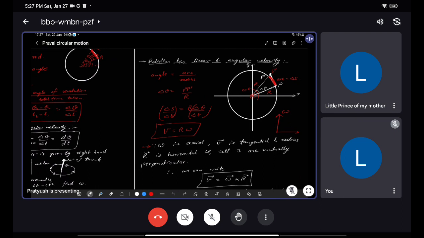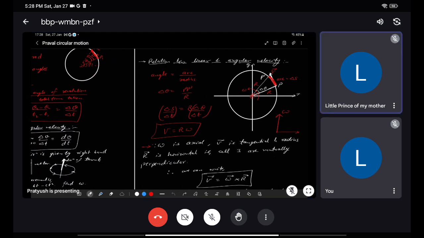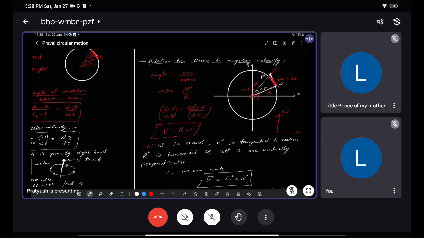And r is radius, so radius we can also take as a vector quantity, which is starting from center and directed towards the periphery. And tangential velocity ultimately is a velocity, so it is also a vector quantity.